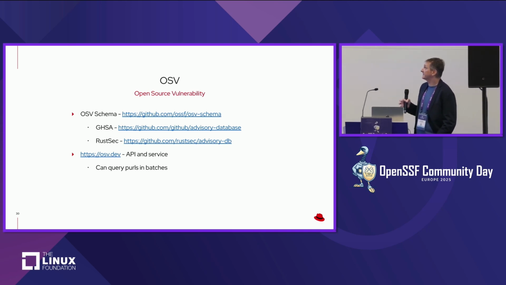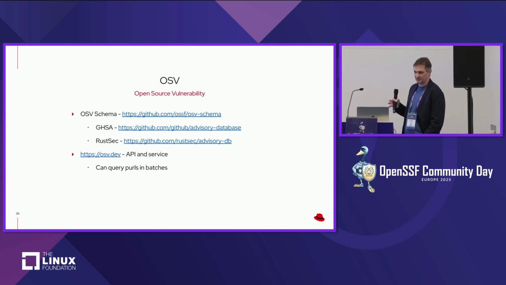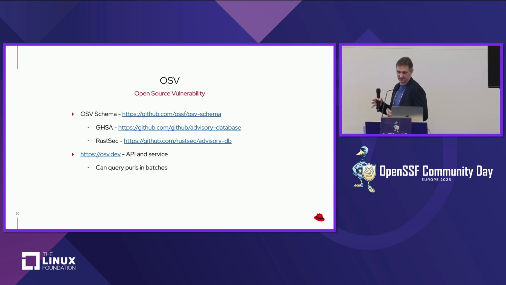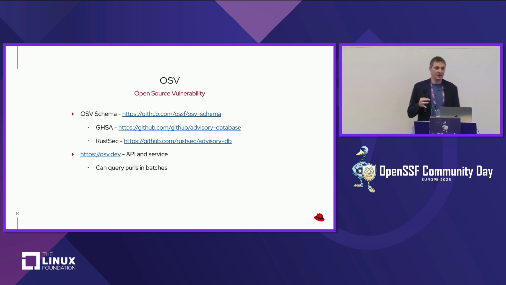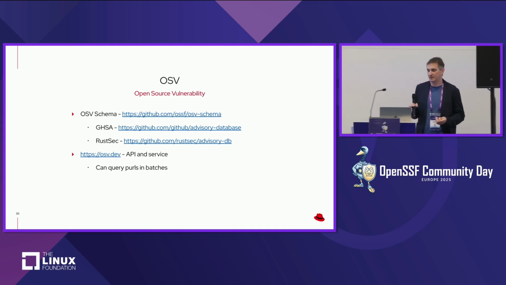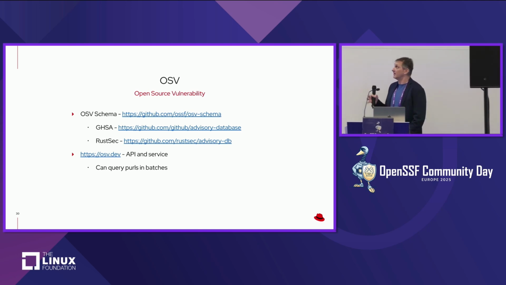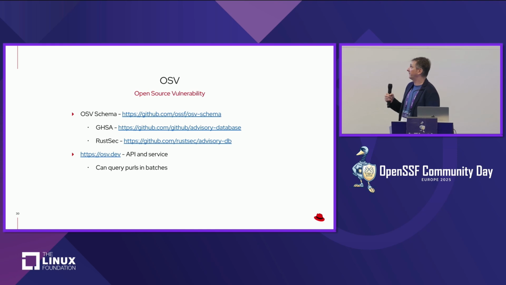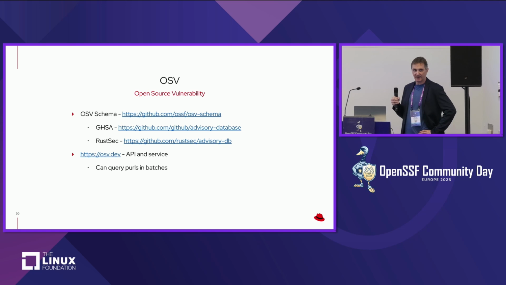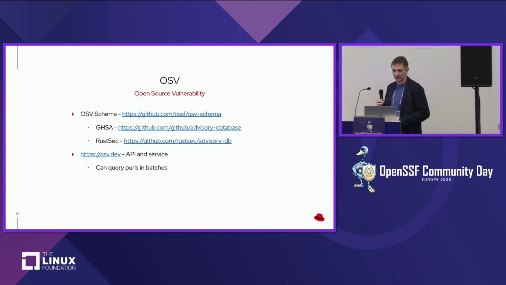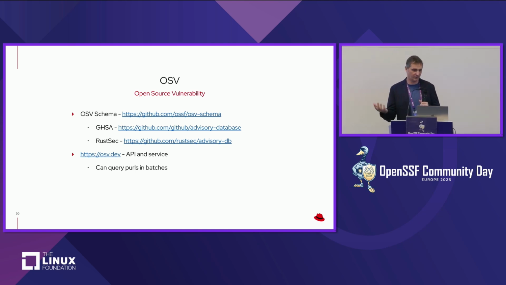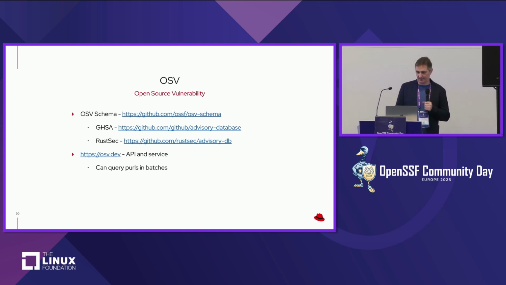On top of the schema, there's a public service called osv.dev, which provides a running database and an API, which you can use to query basically PURLs for known vulnerabilities. Also super useful for other tools to be able to call. It also allows us to query in batches and gives good results about known vulnerabilities for certain software packages.